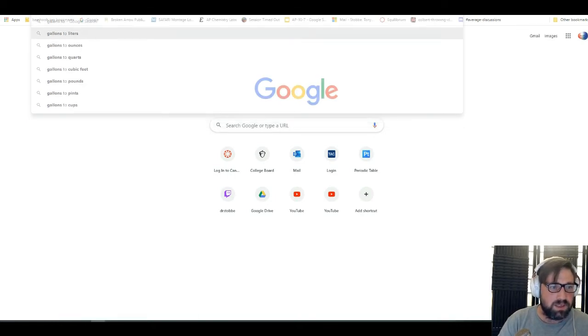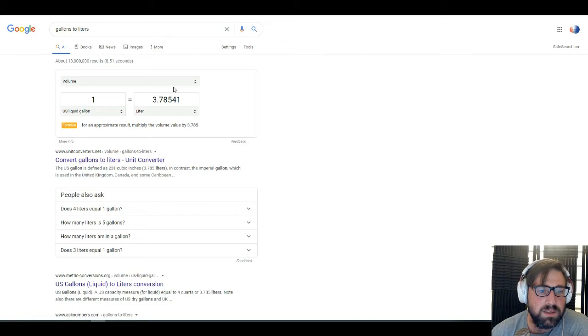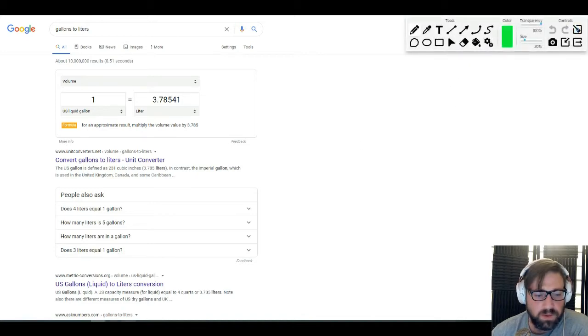Gallons to liters. It's about 3.7 liters. So for that, if we knew, what was it? Okay, so one butt, we're trying to get to liters, right? Need to follow my own rules.